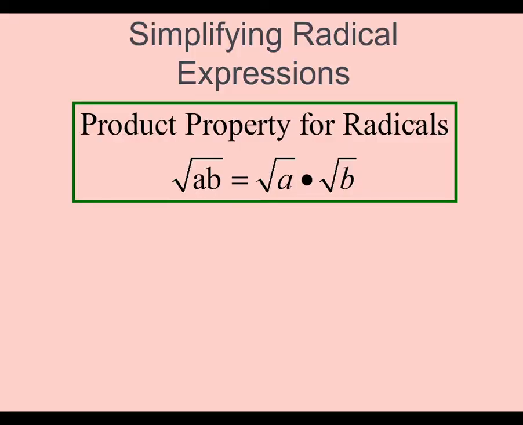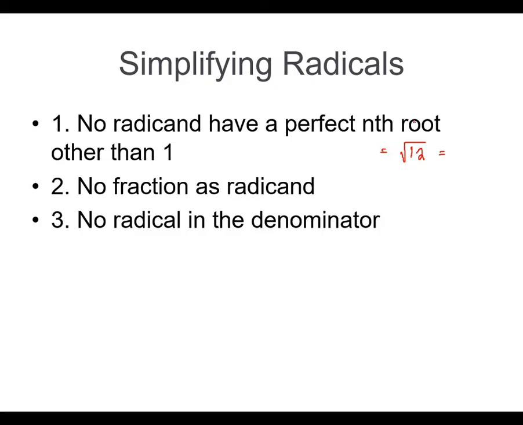Kaya kung square root ang pinag-uusapan, titingin kayo sa mga perfect squares. So kapag 12, that is 4 times 3. Ang meron lamang naman is 1, tapos 4, then 9. So factor ng 12 ay 4 times 3.